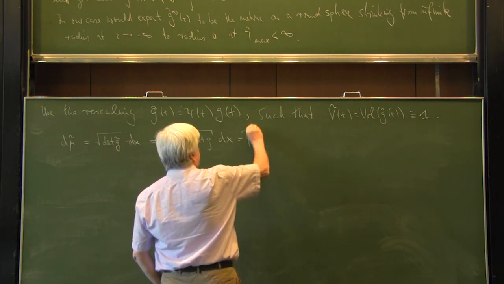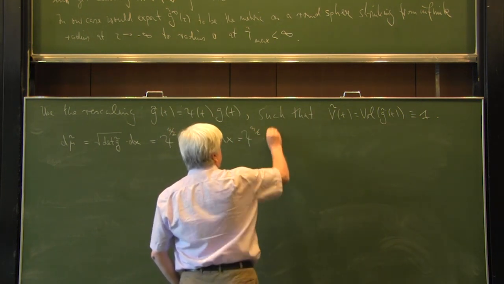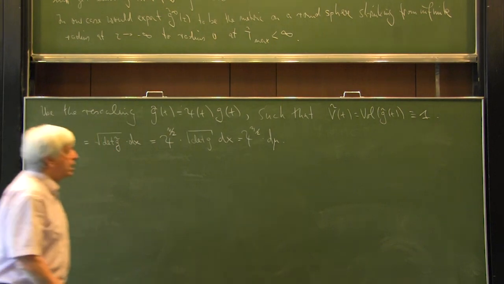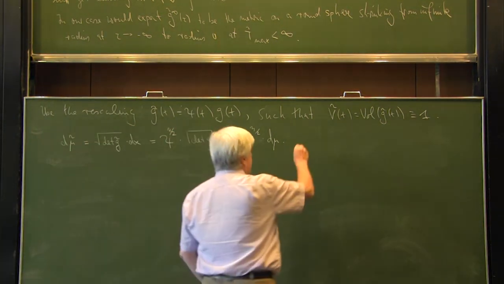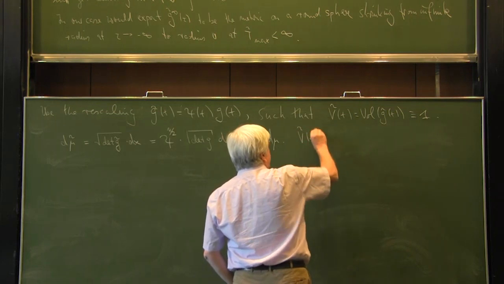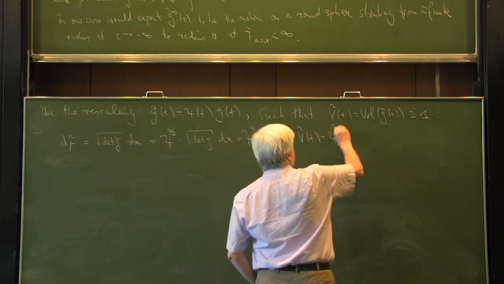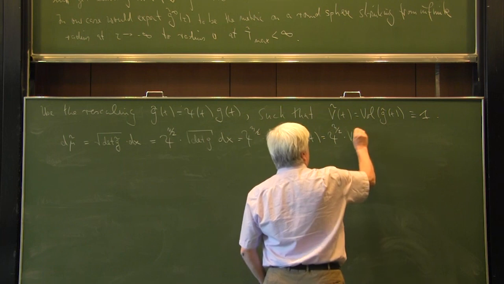So this is psi to the n over 2 times d mu. And so in particular we get that v tilde of t is equal to psi to the n over 2 times v of t.